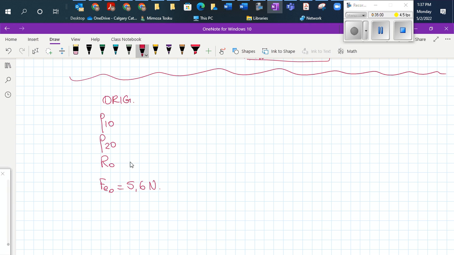Let's stick with 5.6. And then as the new situation, we'll have Q1 new equal to the original, Q2 new equal to the original, and the distance is, let's say, increased by a factor of 2.